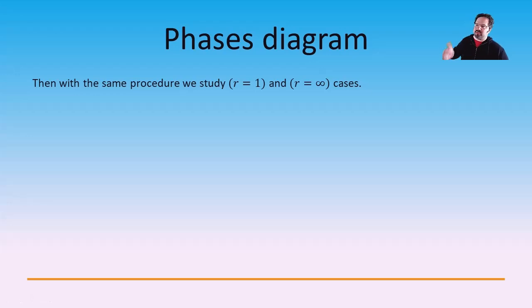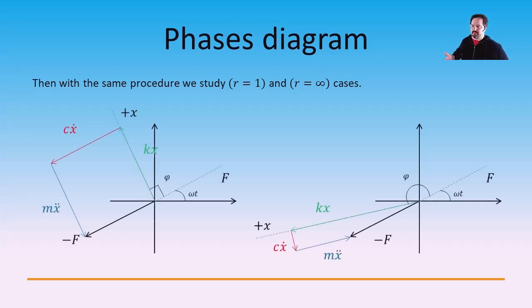Then with the same procedure, we study the case r equal 1 and r equal infinite, and we obtain this situation, these diagrams, which are the opposite, of course, because of the negative sign.